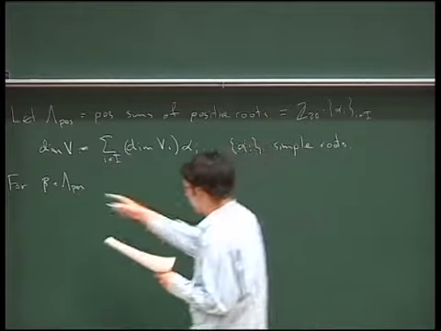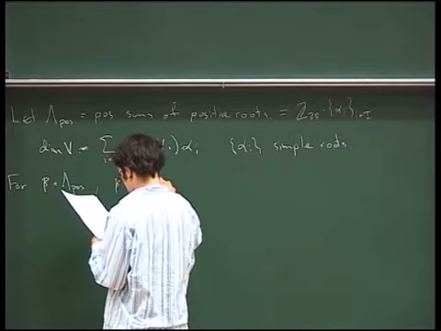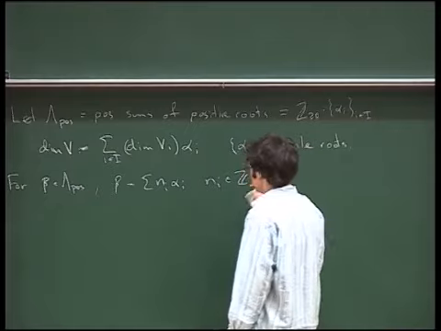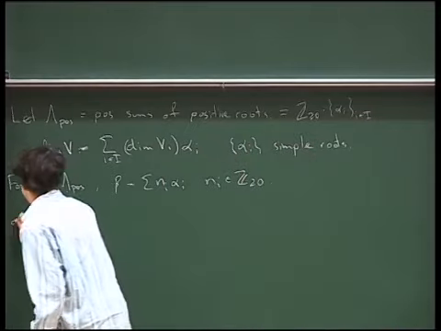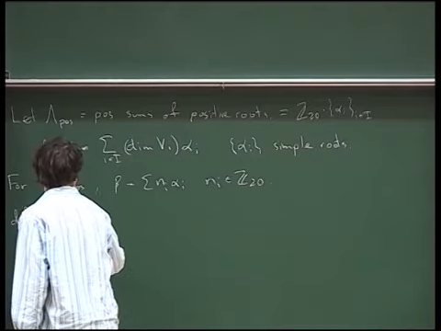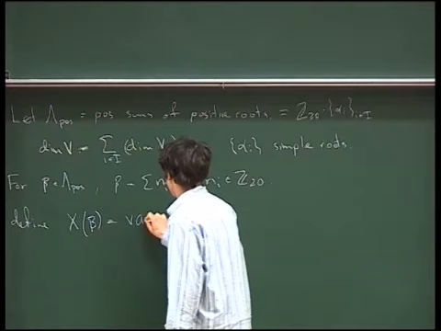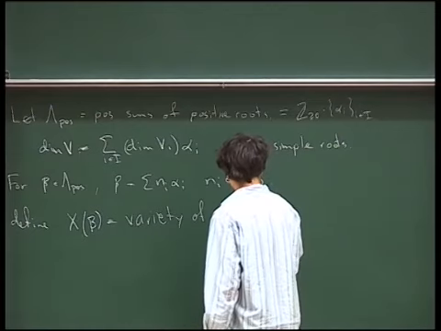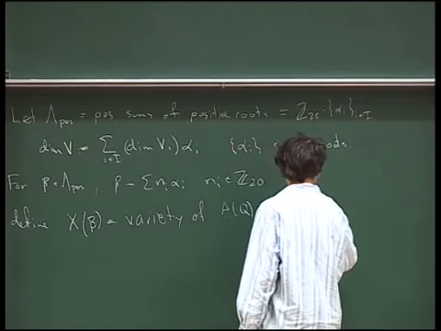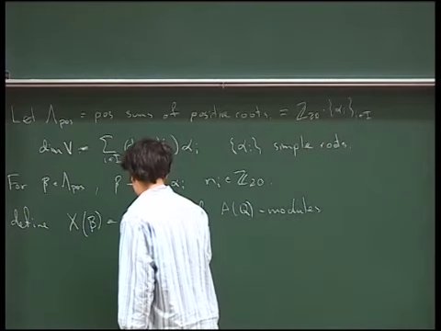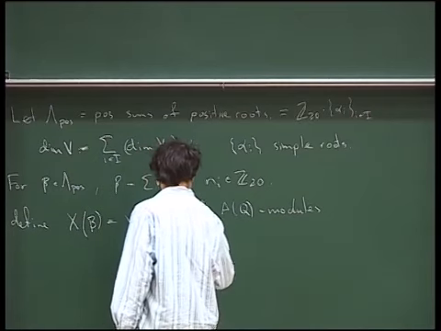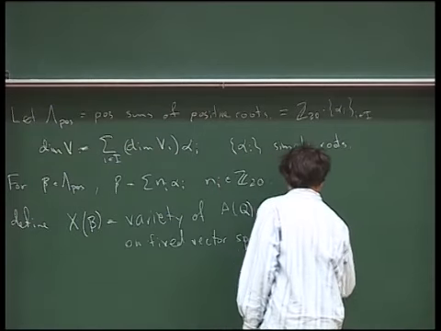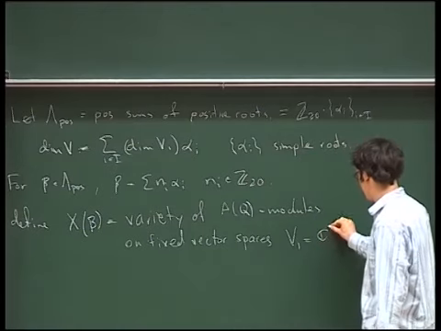So if you have such a beta, namely beta is a non-negative linear combination of the alphas, then define X of beta to be the variety of A of Q modules on fixed vector spaces V_i equals C to the n_i.